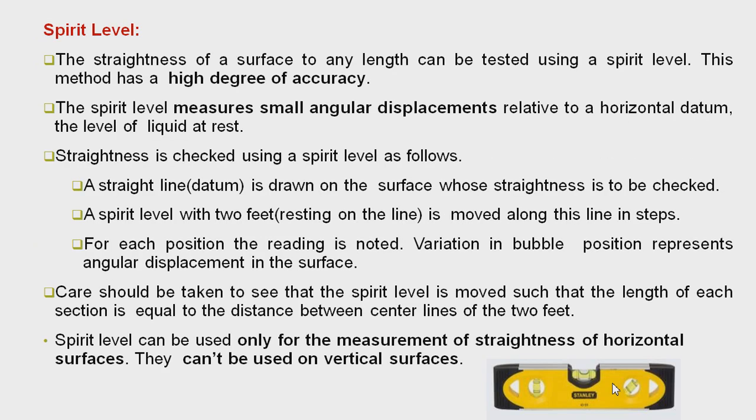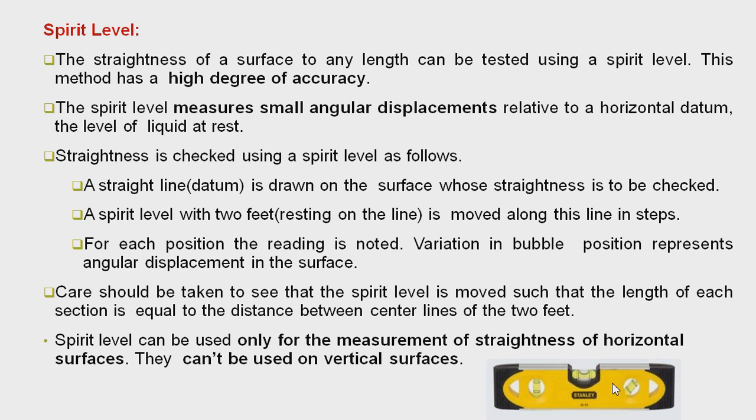Now, in this series, the second method is the spirit level. It is a very old method. The straightness of a surface of any length can be tested using a spirit level. This method has a high degree of accuracy. It also measures small angular displacements relative to a horizontal datum, the level of liquid at rest. Straightness is checked using a spirit level as follows.